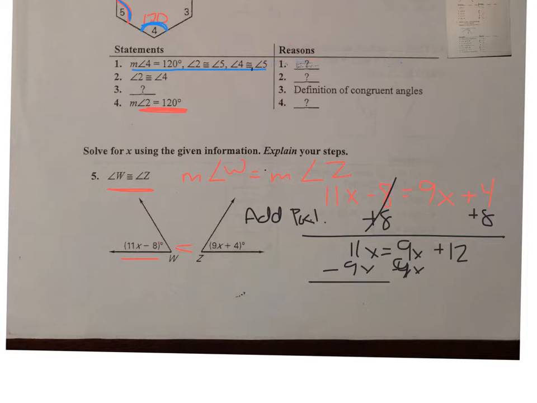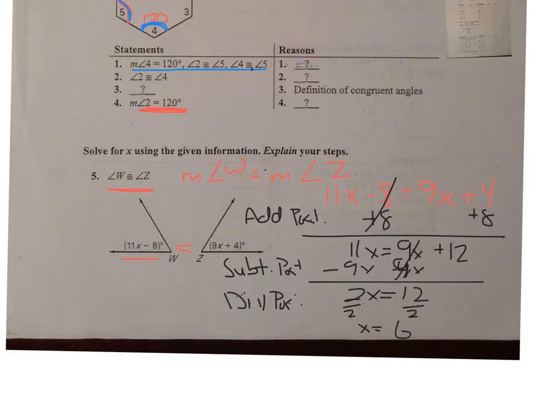And I can subtract the same thing from both sides and it remains equal using the subtraction postulate. 9x cancels on the right. 2x is equal to 12. I'm going to divide both sides by 2 using my division postulate. And x is equal to 6.